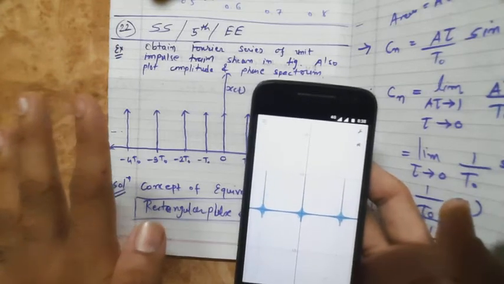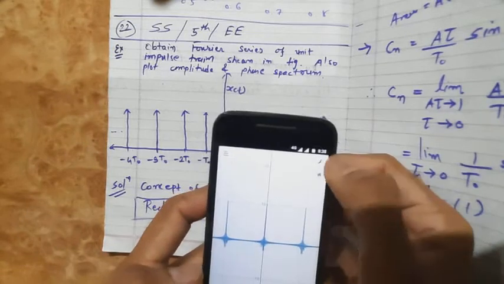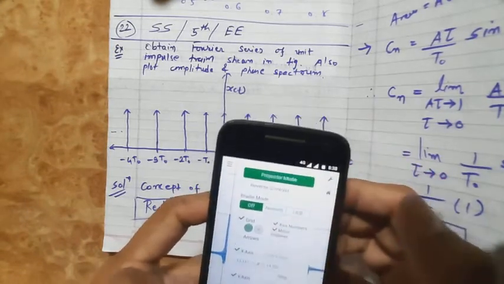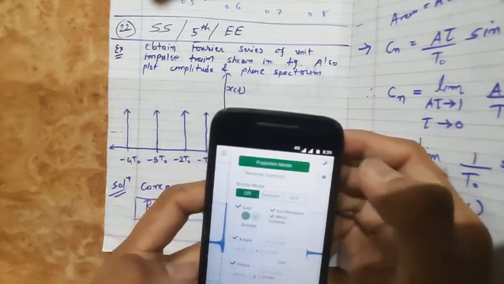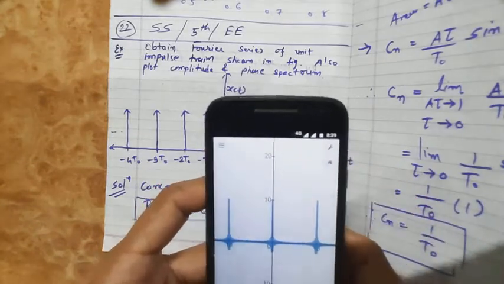You see here the period is from 0 to 10. I'm not sure you are able to see, so let me correct it in project mode, so that you are capable of seeing the numbers. Let me remove the grid also, so that you will see the clear figure.